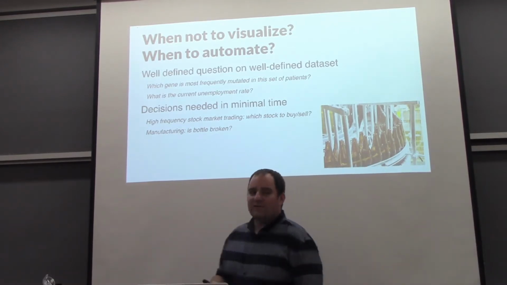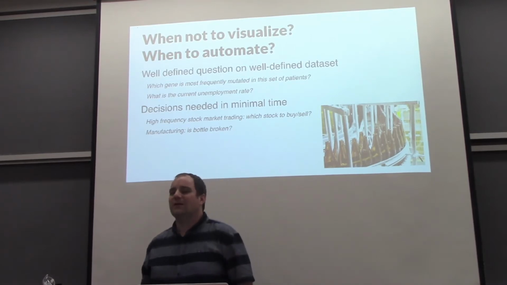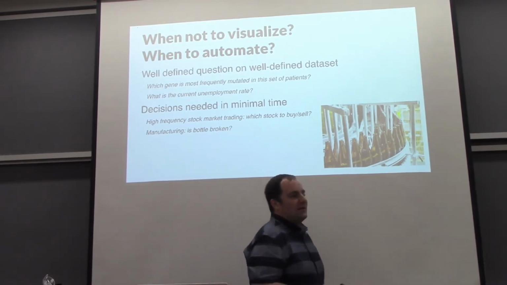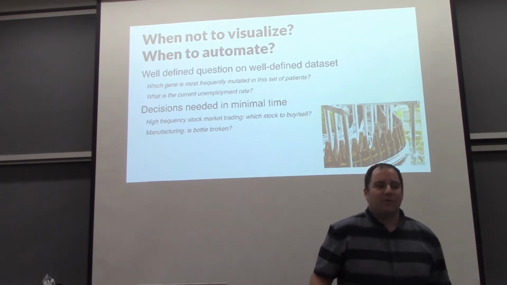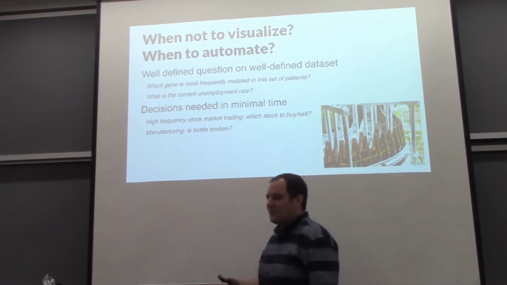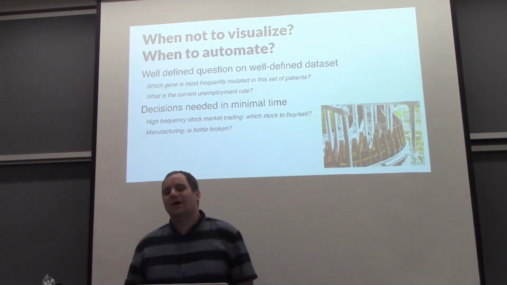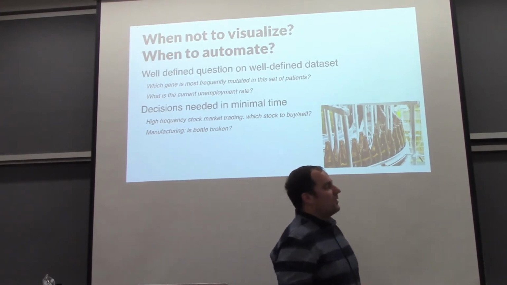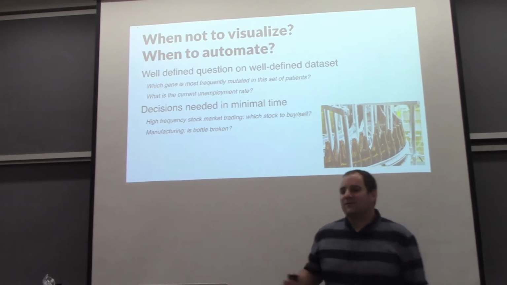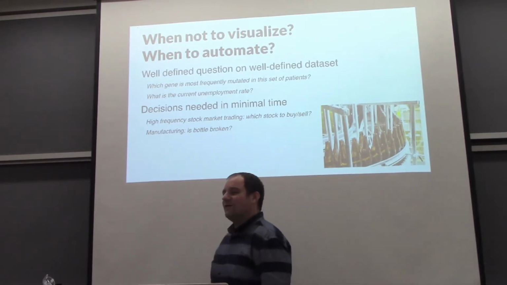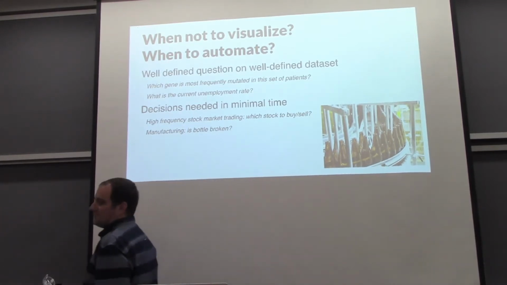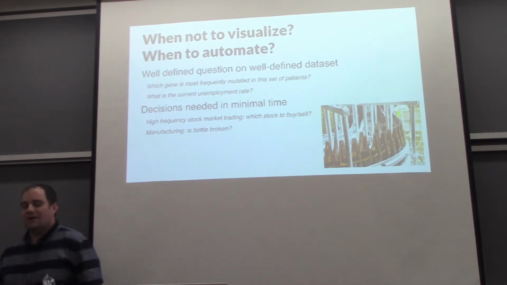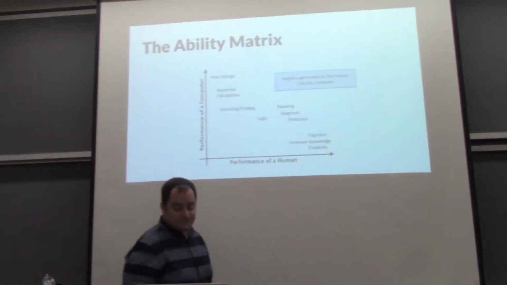Or recommendation systems, where it's simply not feasible that a human could review your prior purchases on Amazon and then recommend what next you could buy. That is simply unrealistic for a human to do. So in these cases, you want automation. But I would argue that there are a lot of high-stakes cases out there where you need the human to make a decision, where you need a human to learn something, and this is where visualization really shines.